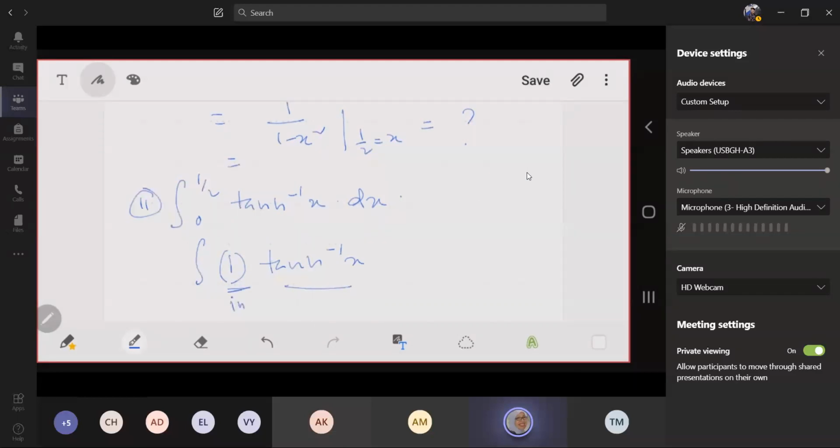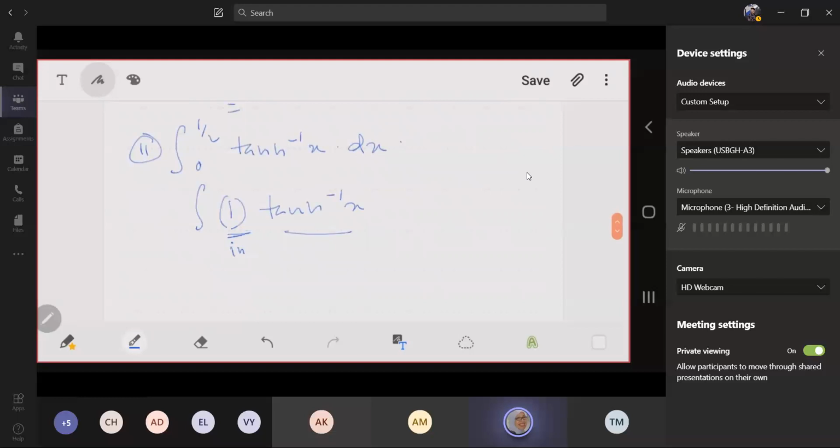Integrate, so it will be x tangent to the minus 1 of x minus the integral of x over (1 minus x squared) dx. Then do that, because you use integration by parts.